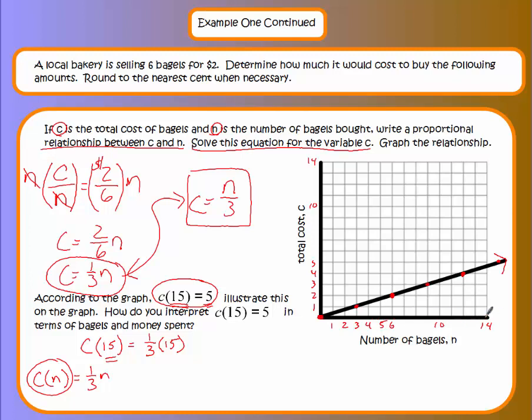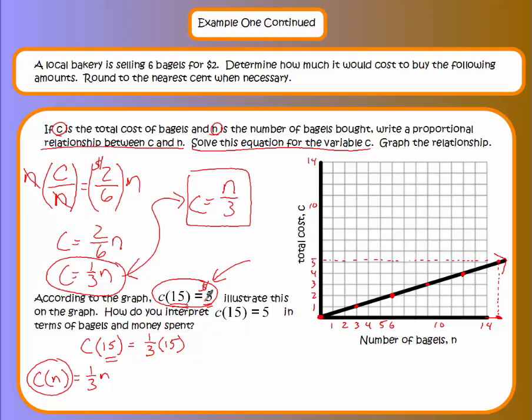So when we evaluate it at 15, that means we're evaluating this function at 15. So we go all the way over here. If this extended to 15, we go up and we go over. And notice, when we evaluate our function at 15, we get 5. So that's what this says. The cost of 15 bagels is $5. So how do we interpret that?